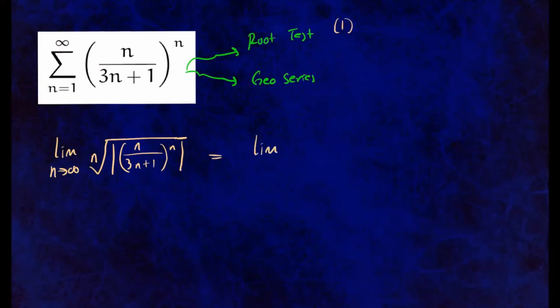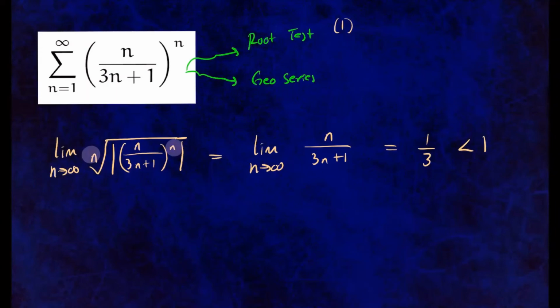So you'll have the limit as n goes to infinity of n over 3n plus 1. And when you take the limit, the degrees are the same, so it'll be the ratio of leading coefficients, 1 over 3, which is less than 1. Great. So what does that mean? This means by the root test, this converges absolutely.